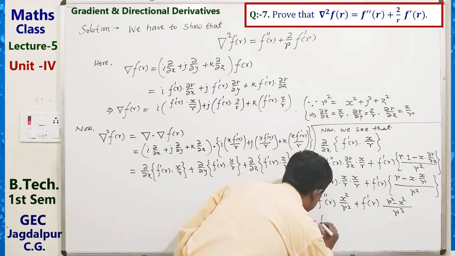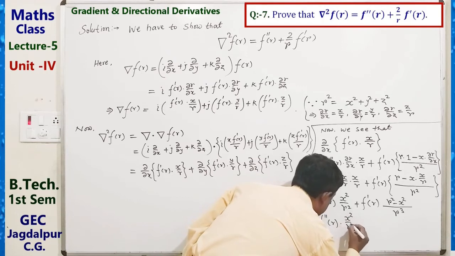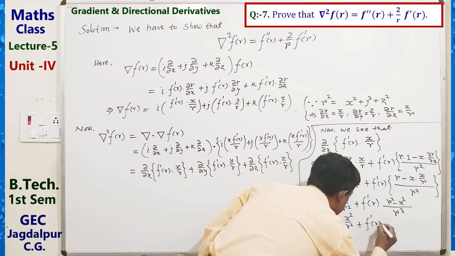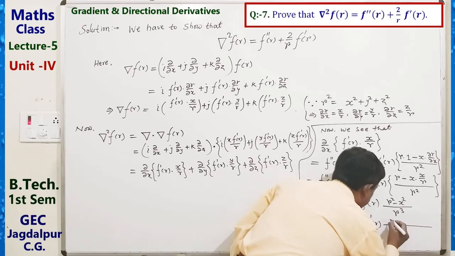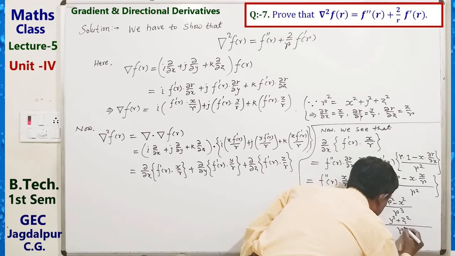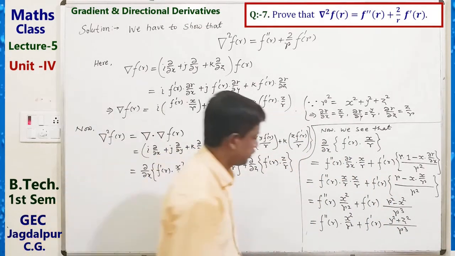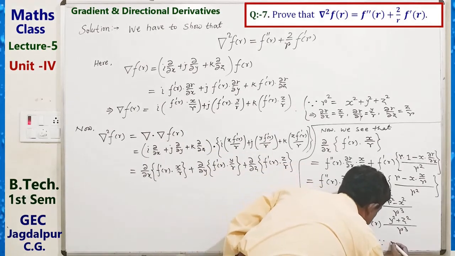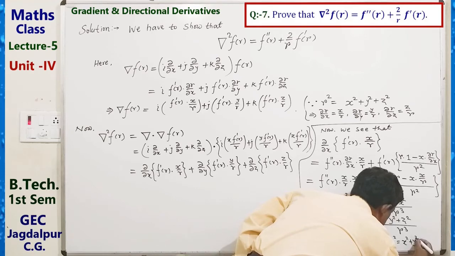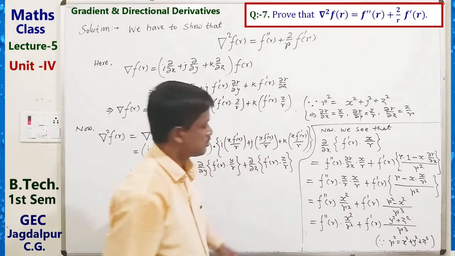Now it can be written as f double dash r x square by r square plus f dash r (y square plus z square) upon r cube, since r square equals x square plus y square plus z square. So this is the first part.